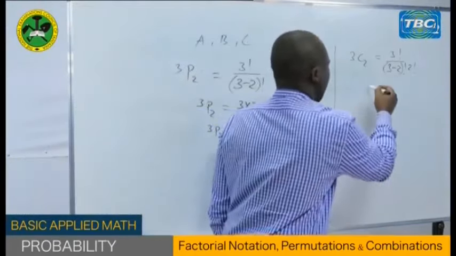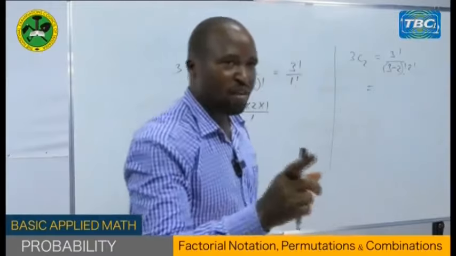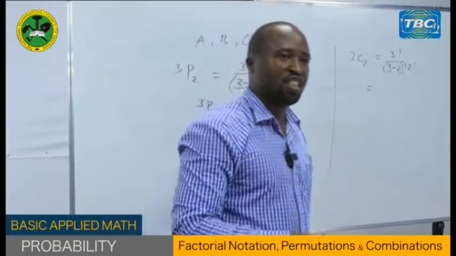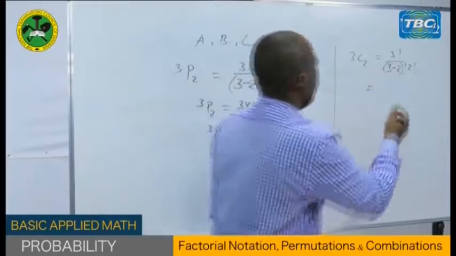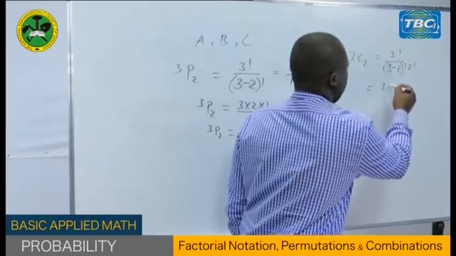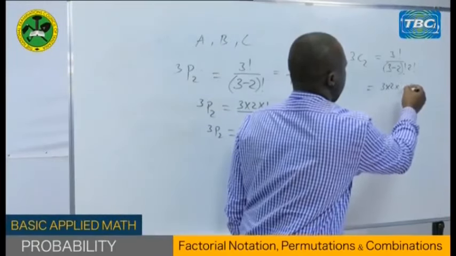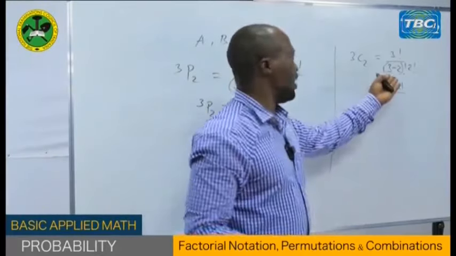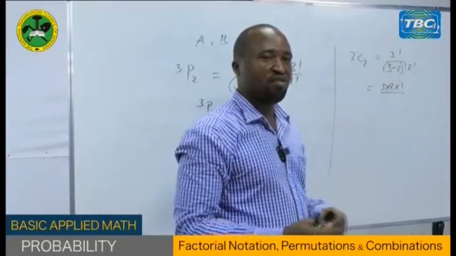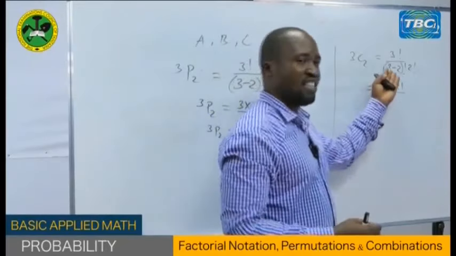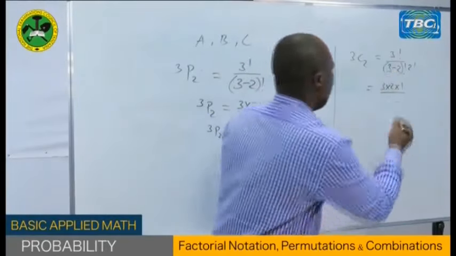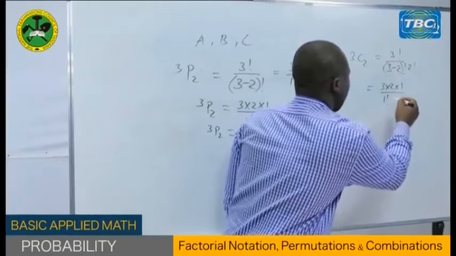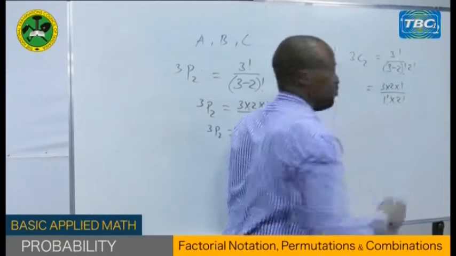Now, what are we going to get here? Remember the concept of factorial notation. That is 3 times 2 times 1 over. Now again, the number inside the bracket has no factorial notation, so you just take 3 minus 2. You are going to remain with 1 factorial times 2 factorial.